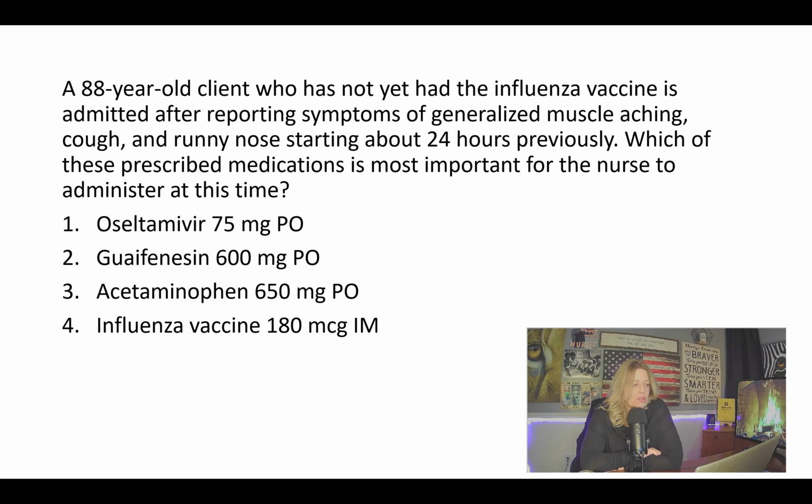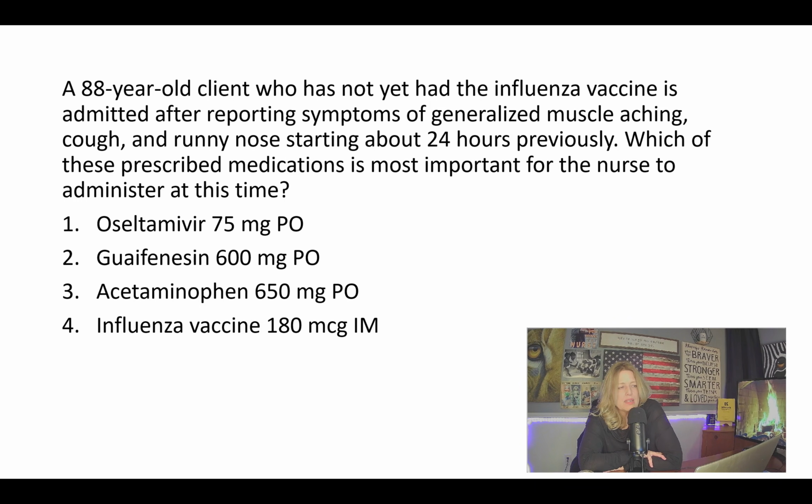So what are the orders? Oseltamivir, guaifenesin, acetaminophen, and influenza vaccine. Whenever you see a drug that has VIR at the end, that's an antiviral. And oseltamivir is Tamiflu, and so that's for the flu. So let's see. So they probably have the flu, and then the symptoms are what?